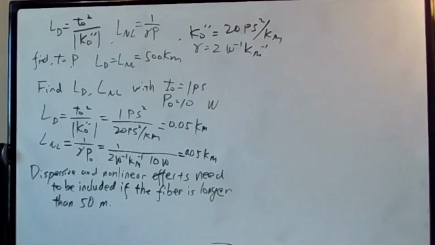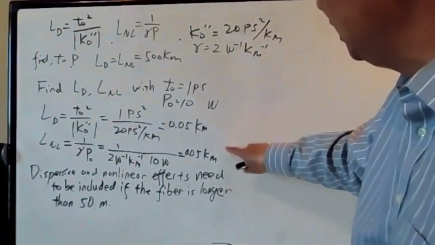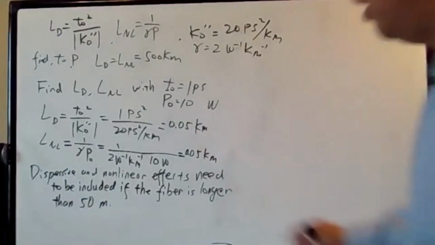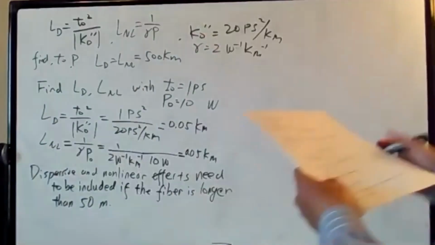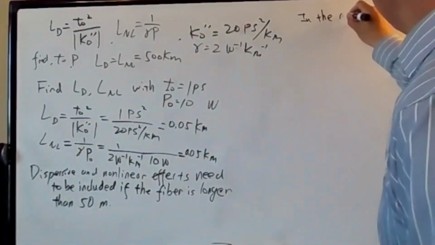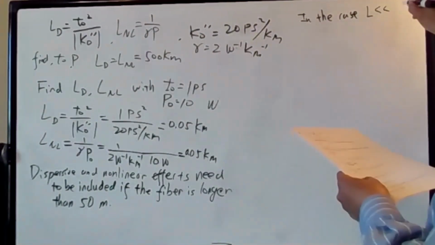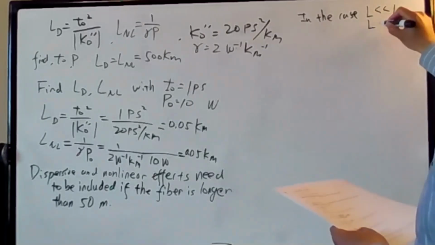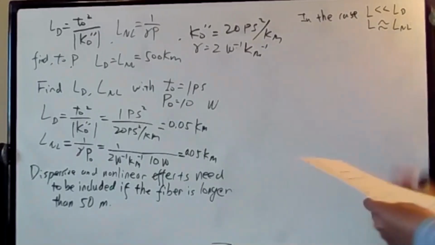Okay, so we have several other scenarios. The dispersion length LD and the nonlinear length are the same, but let's consider the case where L is much less than LD and L is approximately equal to the nonlinear length.